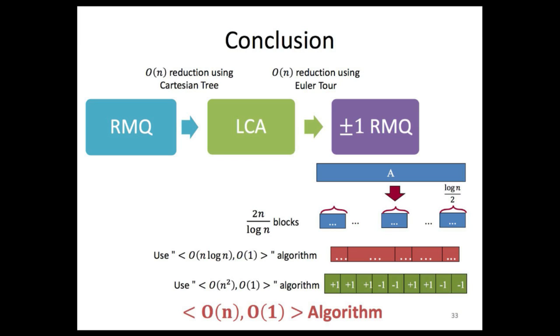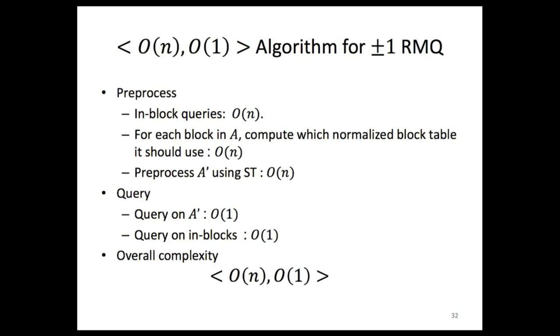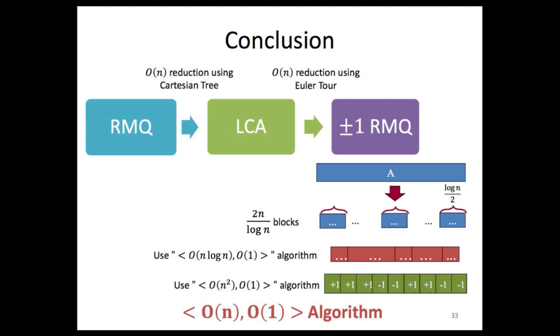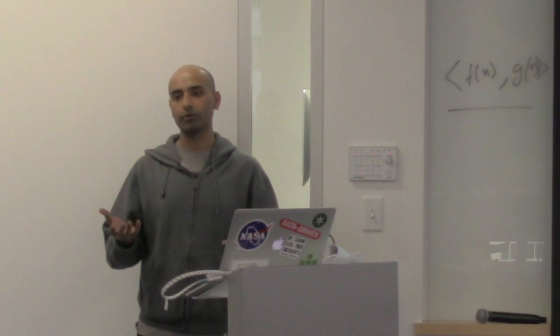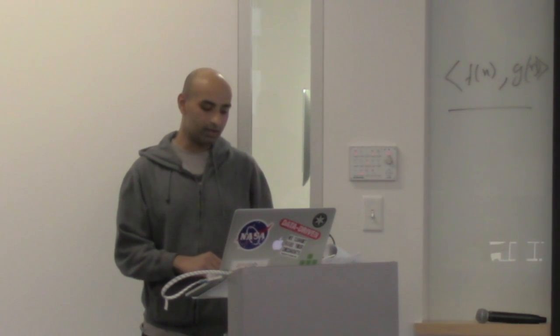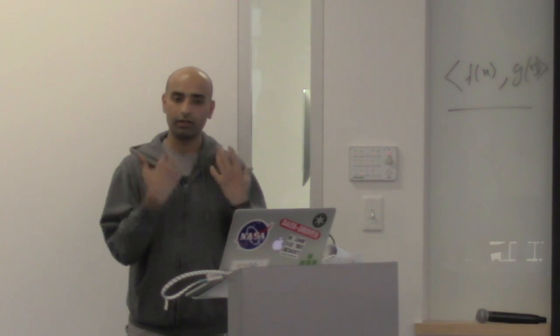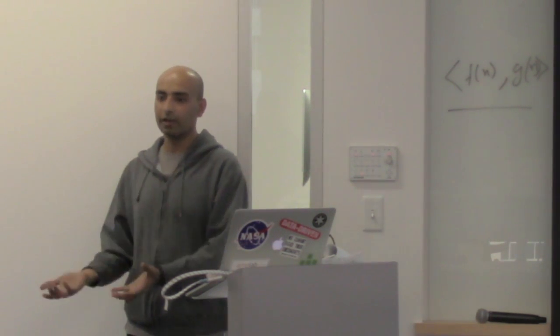Just imagine you find the minimum in the array, and that forms the root of the tree. And the left child and the right child is basically all the elements to the left of the minimum and all the elements to the right of the minimum. And recursively, you build a tree out of the whole structure again. And what you end up with is you took a regular array and you constructed a tree out of it.